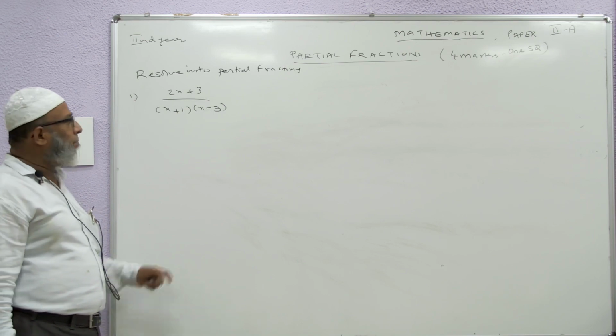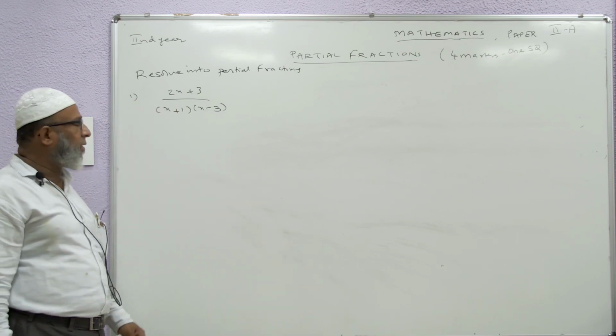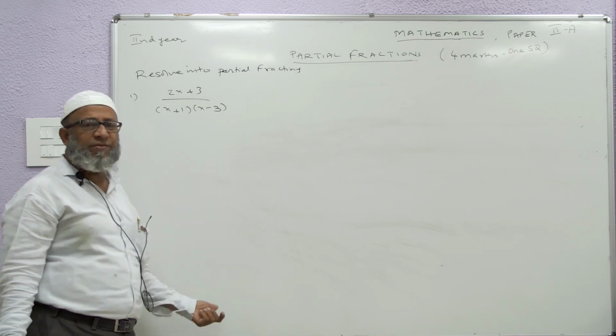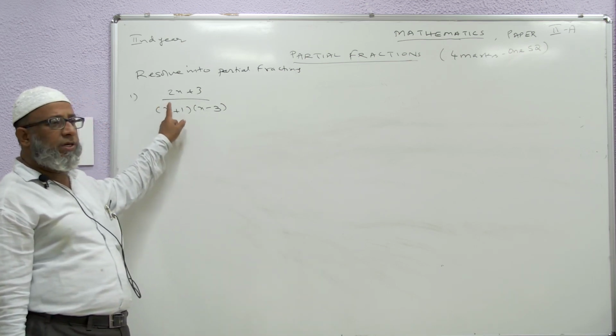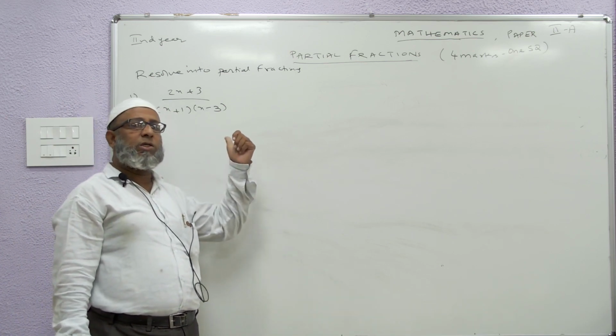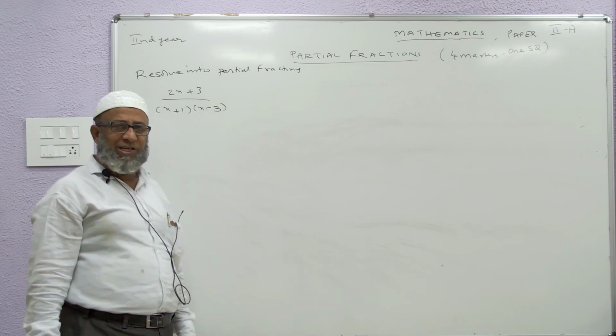Now, by seeing the question itself, what type of denominator is there? It is a linear factor. Here the power is 1, here the power is 1, therefore it is called linear. So this question belongs to case number 1.